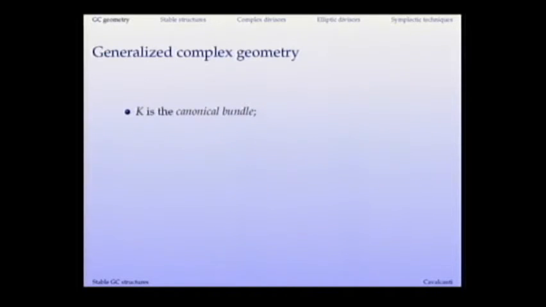So just some names. This line bundle that I have been talking about, following the complex structure case, is called the canonical bundle, because in the complex world it was the canonical bundle, so you might quite well keep that name. The type of the structure is the degree of this form omega. So in the complex case, the type is maximal, it is n. In the symplectic case, it's the exponential of i omega, so it starts with 1 plus, etc. So there the type is 0.